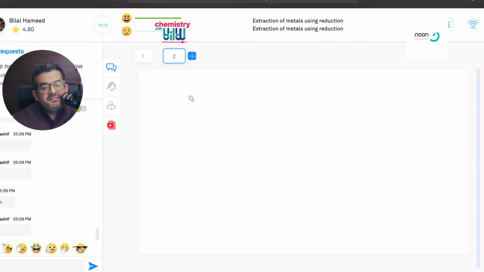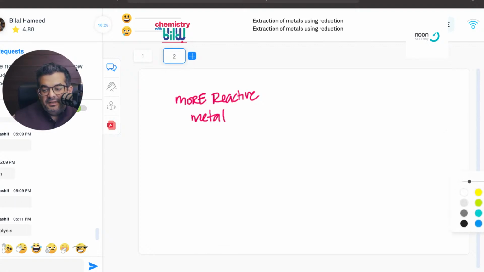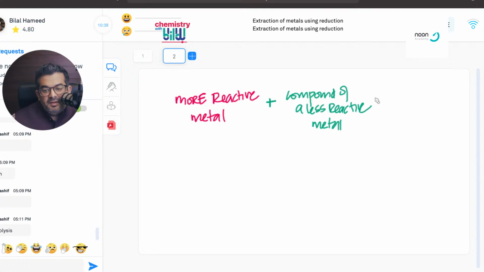The basic principle this works on is, if I take a more reactive metal and react it with a compound of a less reactive metal, what does it produce?